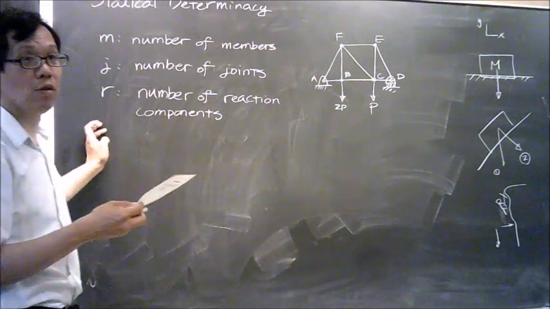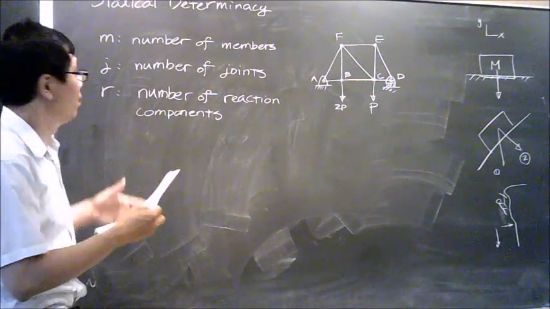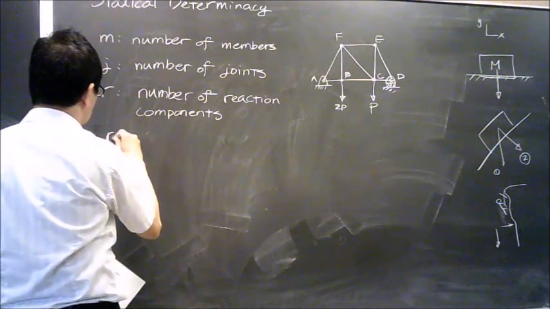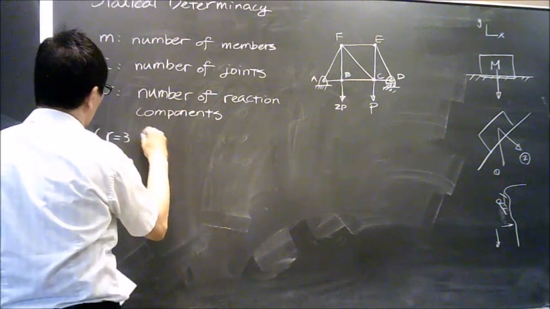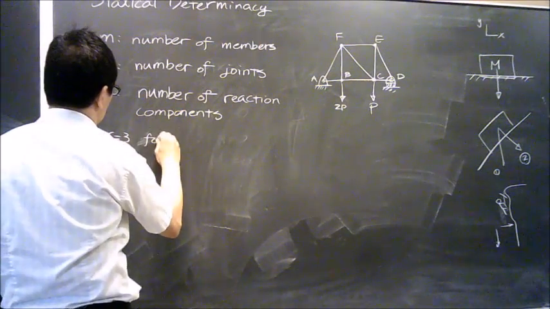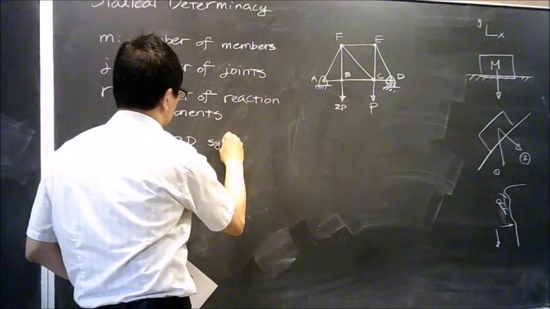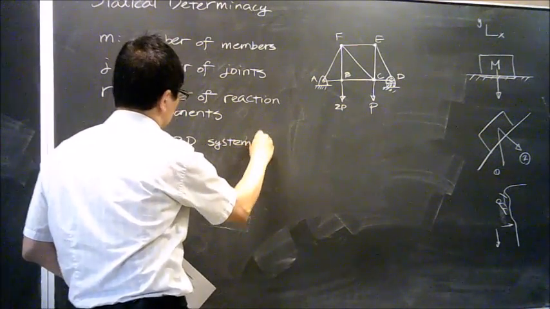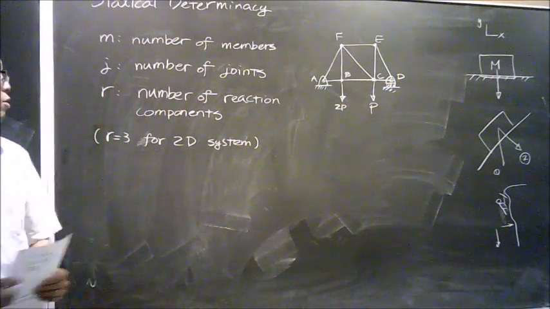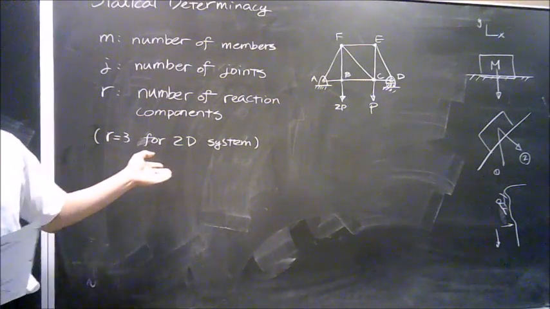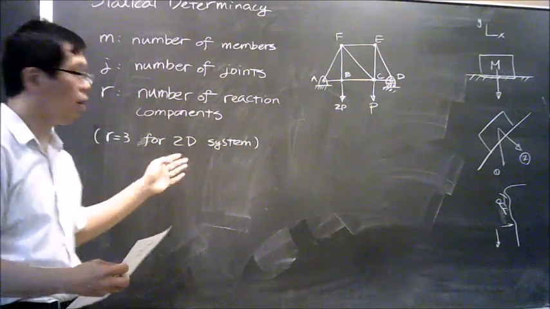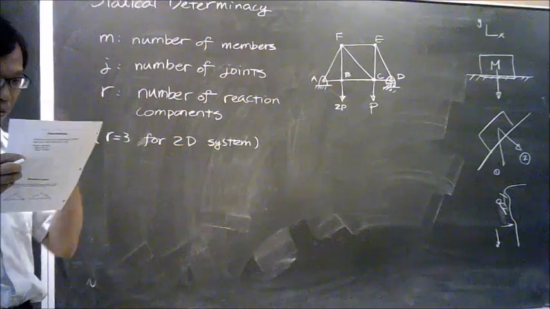So if it's a two-dimensional problem, r equals 3 always. Okay, because this is by definition. So just keep in mind r equals 3 for a two-dimensional problem.